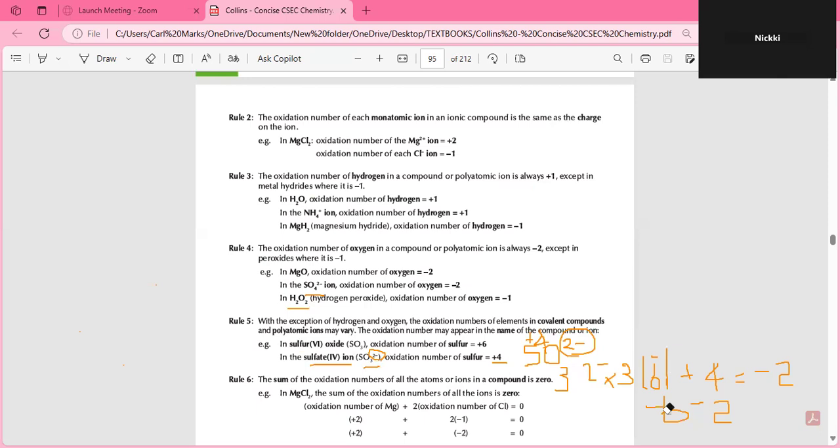So from the name, you see it? -6 plus 4 leaves a -2. Good. And this is why we have a 2 minus charge here, to account for the extra 2 negative charges. I hope you're following. This is why we end up with a -2 there, because we have extra -2s that don't have any positives to cancel them off.